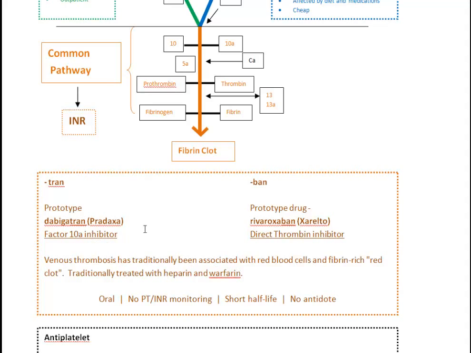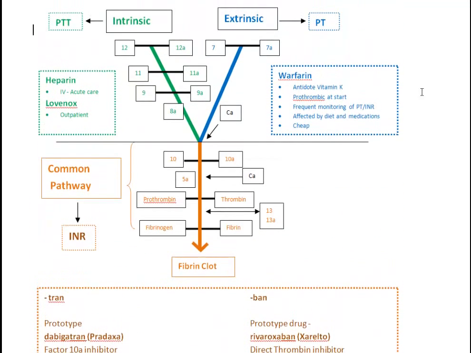Okay, but the newer drugs, you can see the trans, that's the suffix, you can learn them that way. Pradaxa is in there, the prototype, and it inhibits factor 10A. So look up here at the chart and you can see where it's acting. Now, if you look at the warfarin, its major action is on 7, and that's right at the top of the clotting.